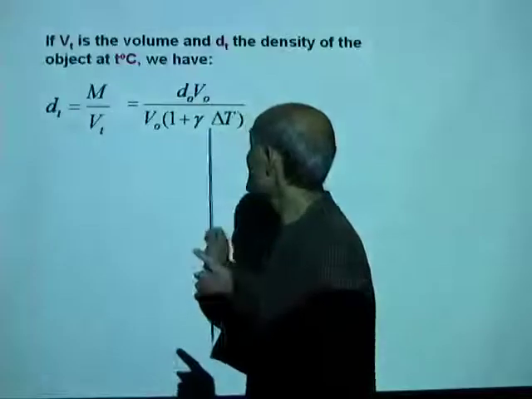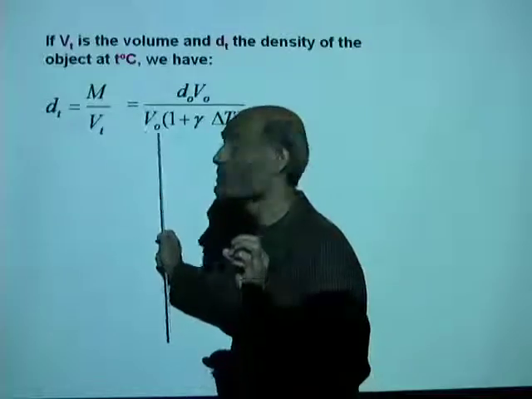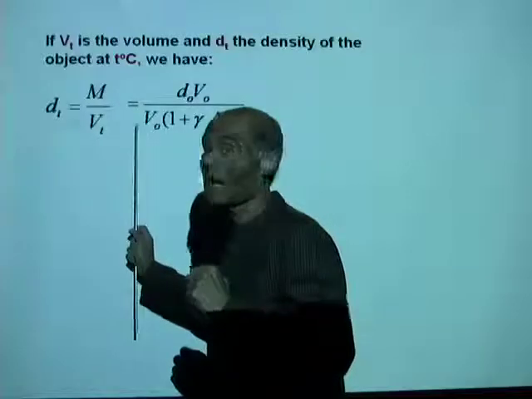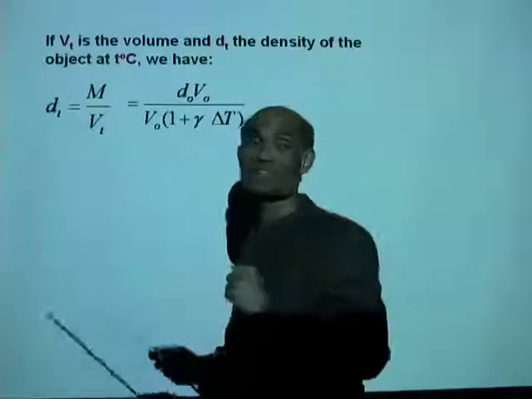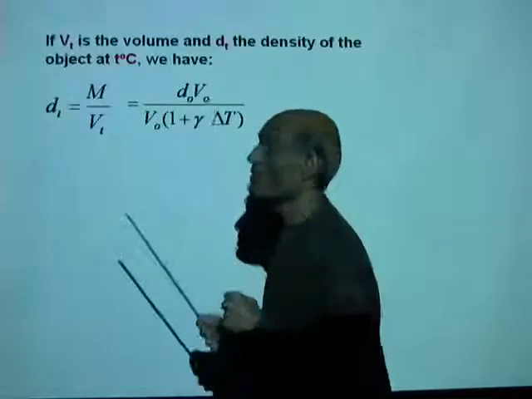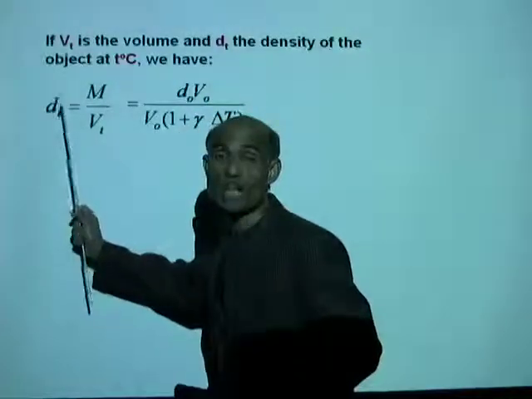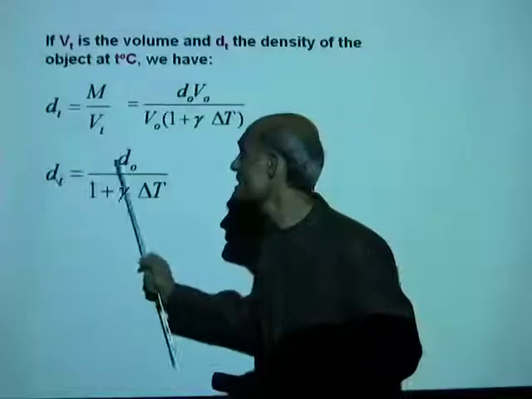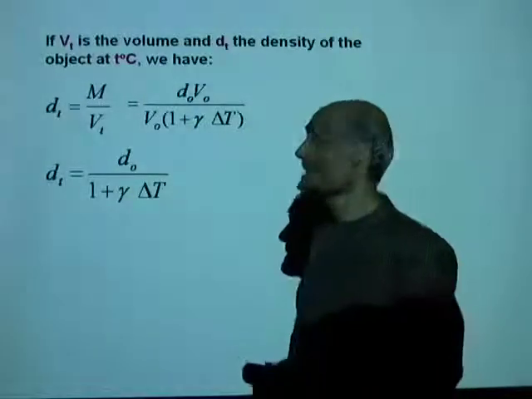T2 minus T1 is delta T. And in place of V1, we have V0. So we can replace this Vt as V0 times 1 plus gamma delta T. And what happens here? V0 and V0 will cancel. So density of that object at a higher temperature T degrees Celsius, dt equal to D0 over 1 plus gamma delta T.